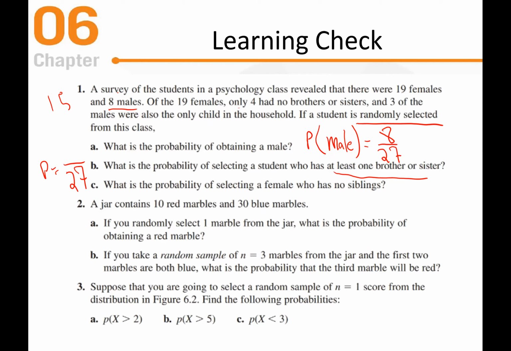There are 8 males total, and 3 of them are only children, so 5 males have at least one brother or sister. So 15 plus 5 gives us 20. The probability of selecting a student who has at least one brother or sister is 20 out of 27.